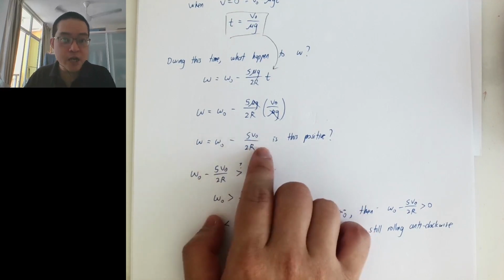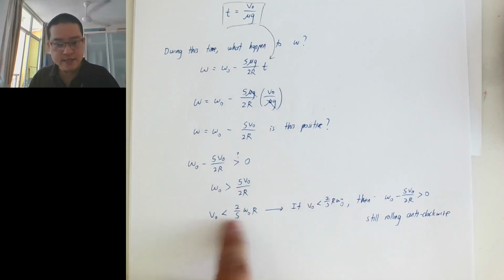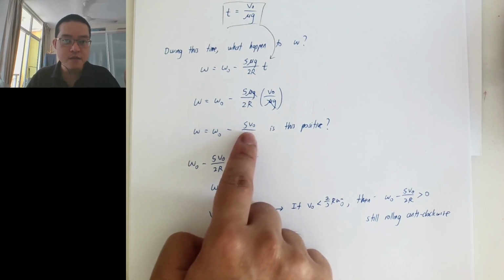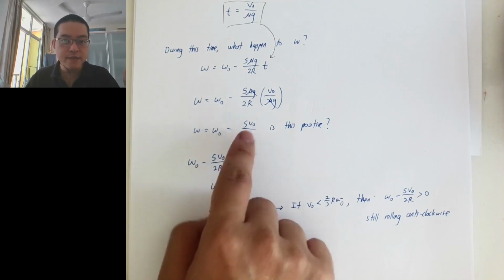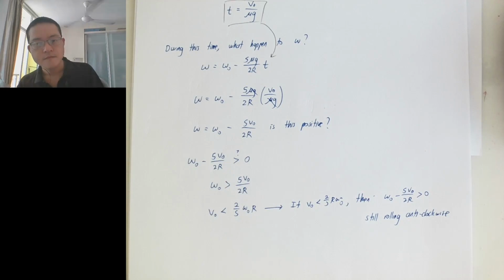So this number will be smaller than omega, making it positive, if this is satisfied. That means this minus this will be a positive number.